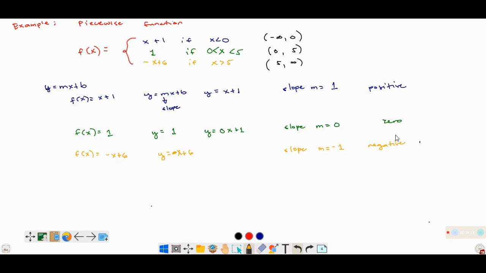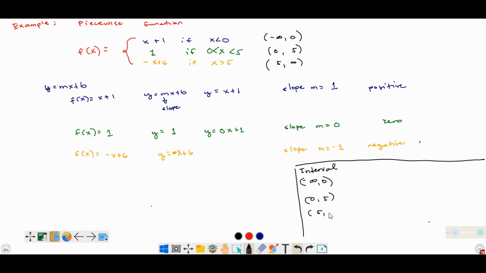Again, gawa tayo ng table, summary table for our intervals here. So, interval ulit natin dito. Lagay natin siya. Interval. We have negative infinity to 0, followed by 0 to 5.